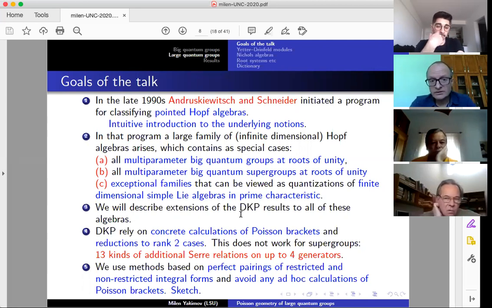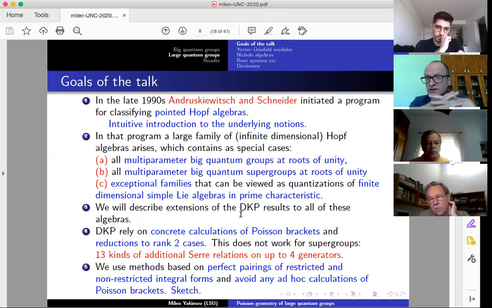And out of those pairings between integral forms, we can build this bridge to Lie theory without any ad hoc calculations of Poisson brackets, just purely using the perfect pairings between these integral forms. And in particular, in the case of De Concini-Kac-Procesi, we get new proofs that are different from theirs.